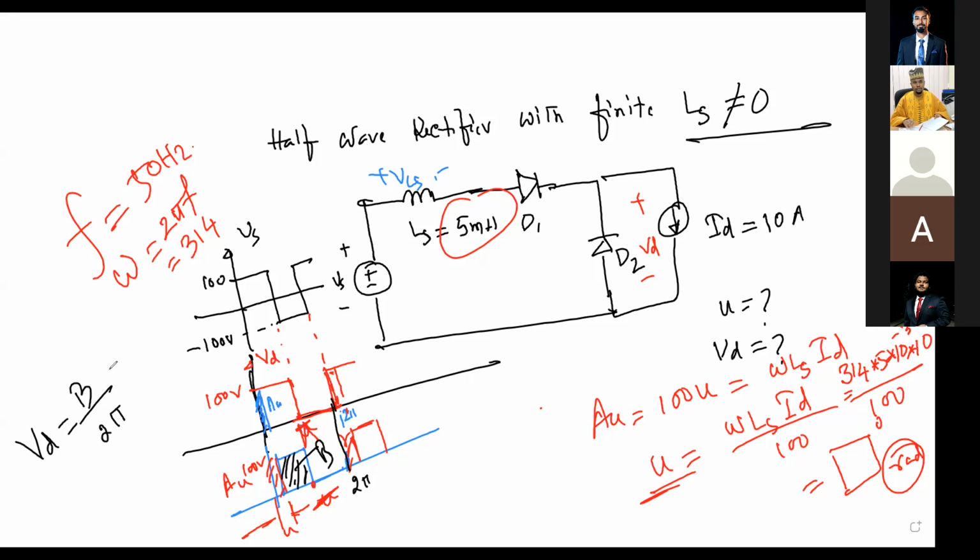So this area B will be pi minus U divided by twice pi. You must calculate your U from here and substitute here. If you put U in radian, you can use twice pi and pi. If you use degree, then pi should be 180 degree and twice pi should be 360. Result will come same. Okay?